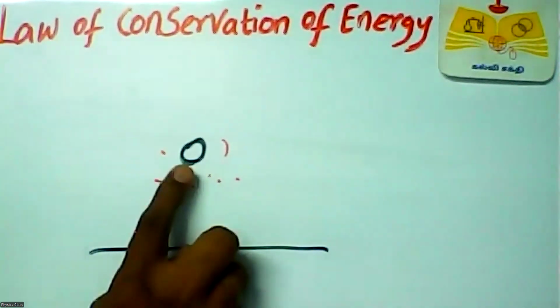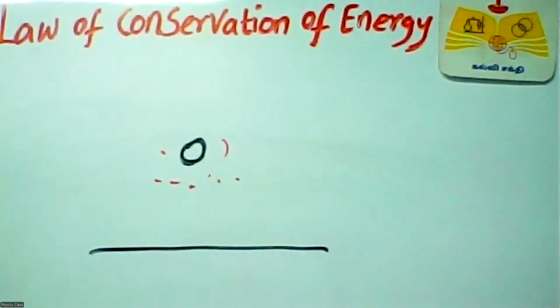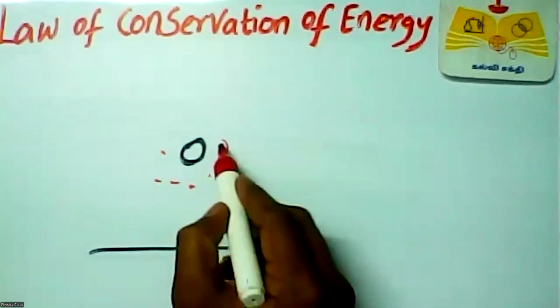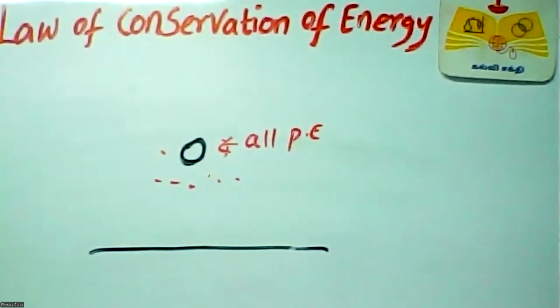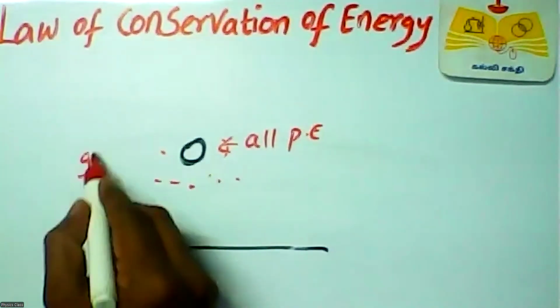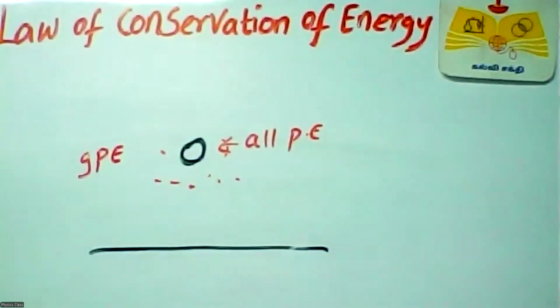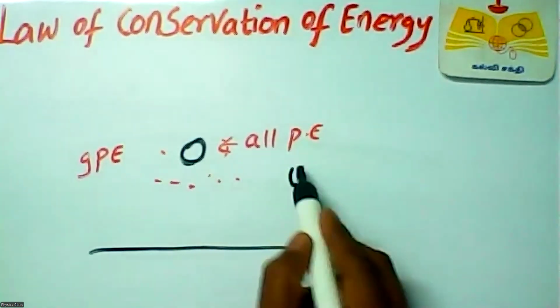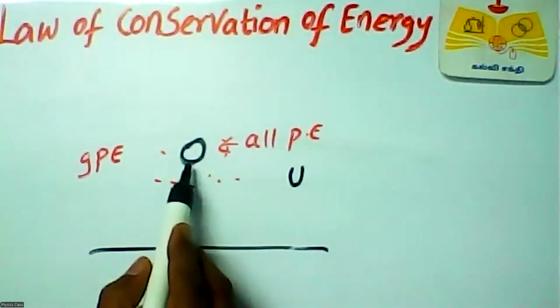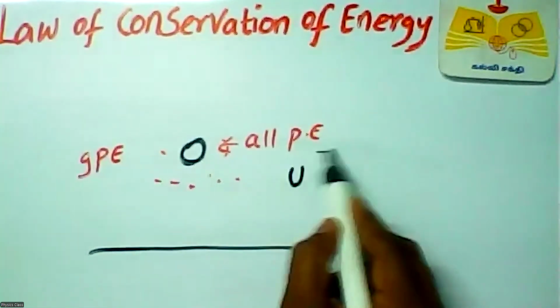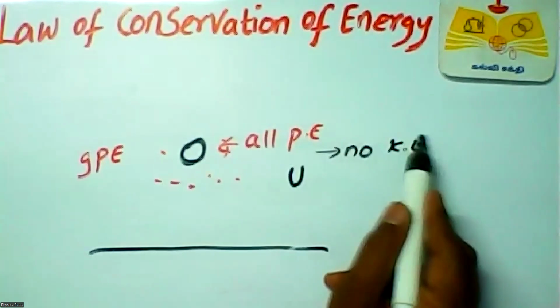While the ball is stationary like that, we say that it has all potential energy. We would call it gravitational potential energy, GPE. The symbol in your book is U. There is a gravitational potential energy U, and no kinetic energy here.